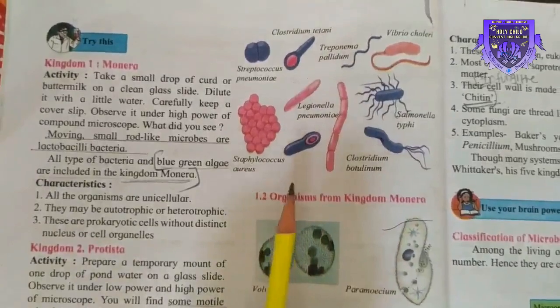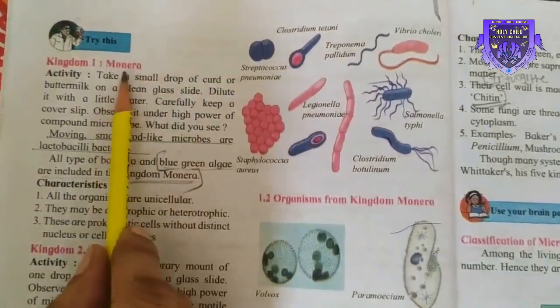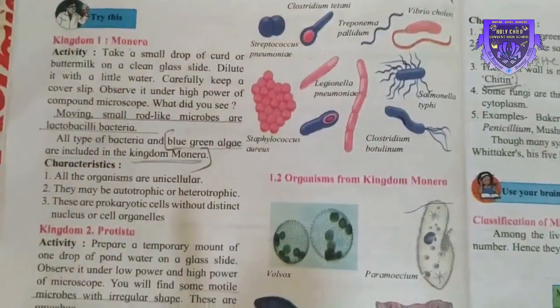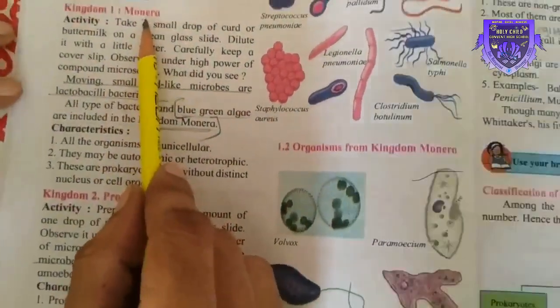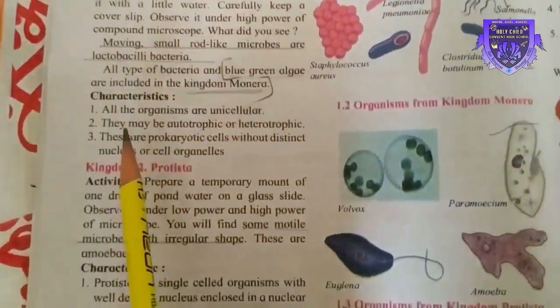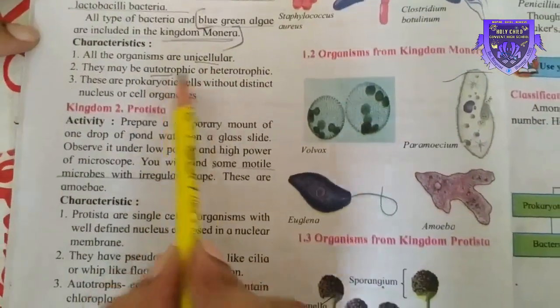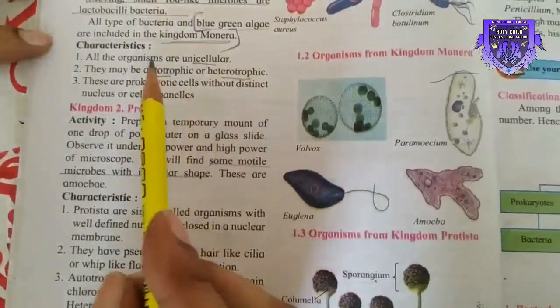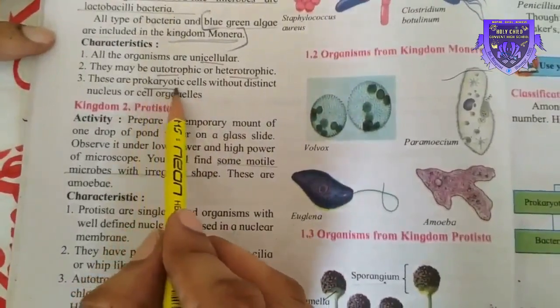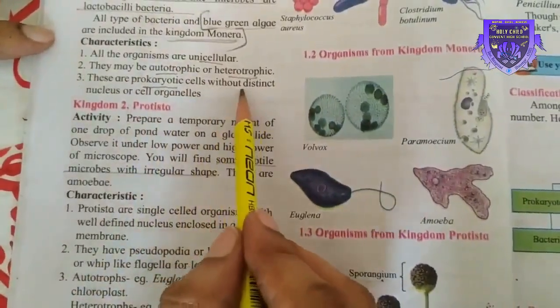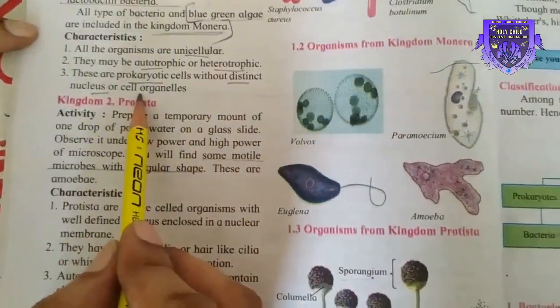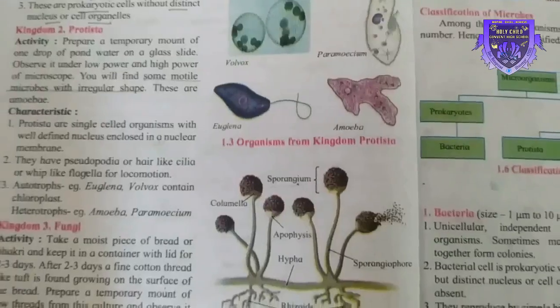Now, Monera has certain characteristics: it is unicellular, it can either be autotrophic or heterotrophic, and they are all prokaryotic, means they do not have distinction of nucleus or cell organelles.